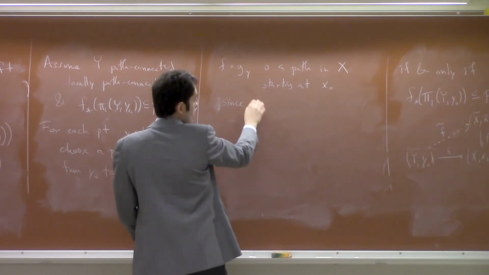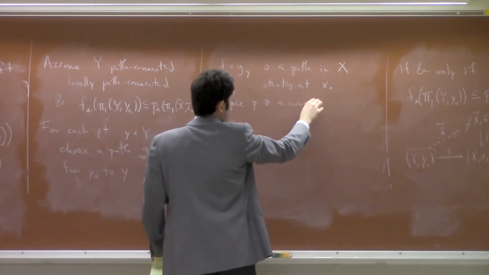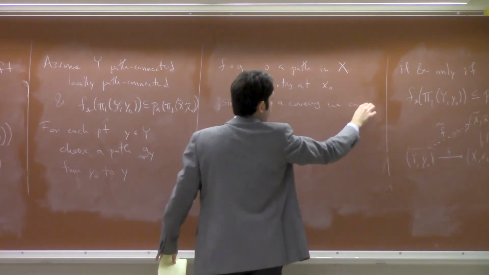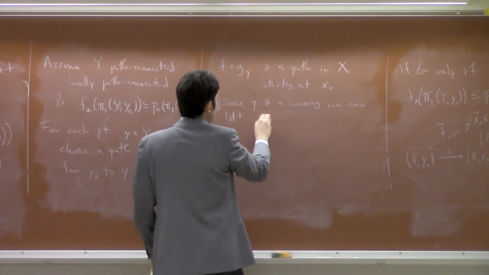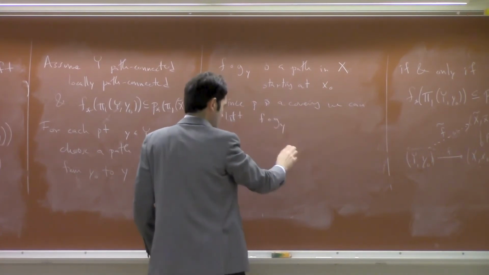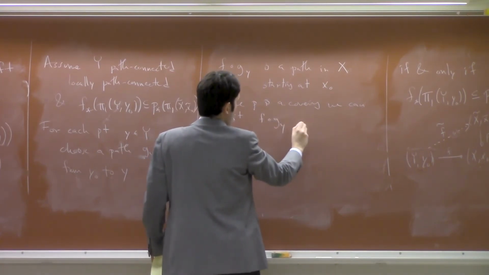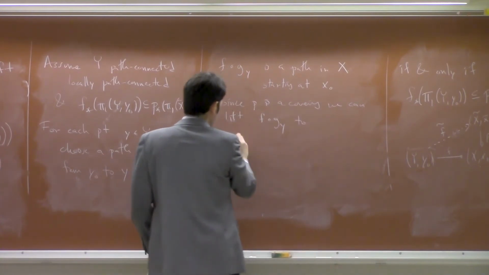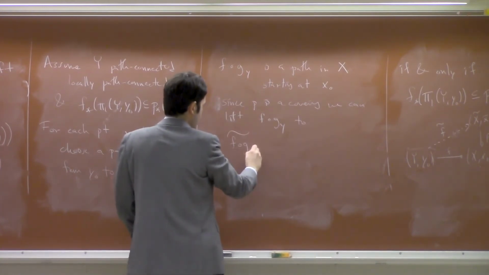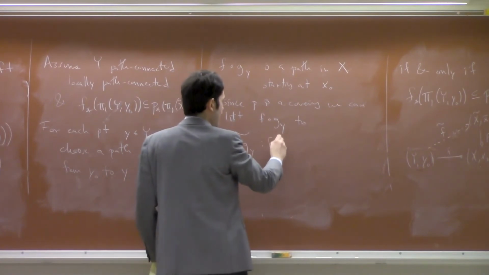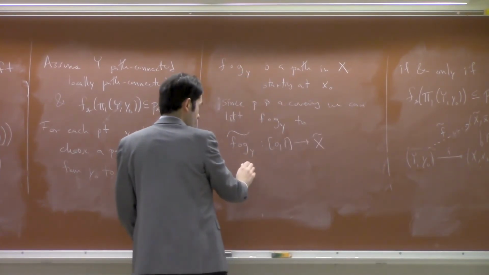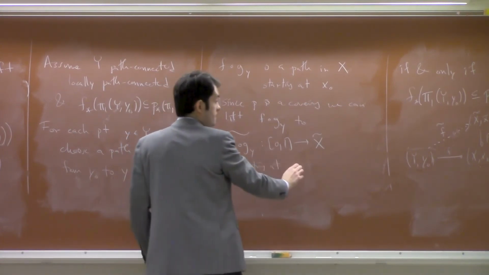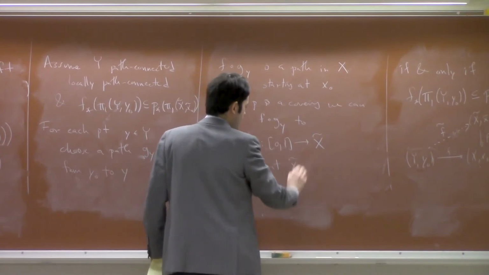Since p is a covering map, we can lift it to a path in x tilde starting at x naught tilde.